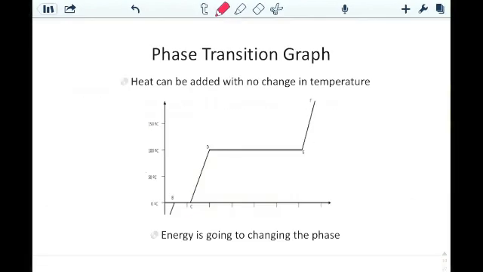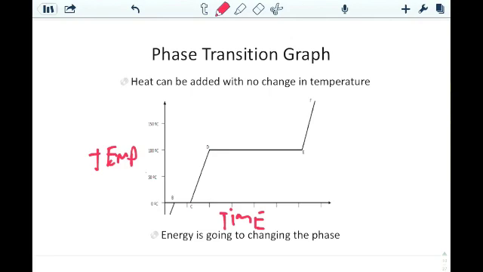Let's go ahead and jump into phase transition graphs. We can talk about these specifically because we said earlier that heat sometimes results in a change in temperature, or change in the average kinetic energy, or it's the change in phase. And we need to be able to see this graph. We have temperature on our y-axis, and this would be time on our x-axis.